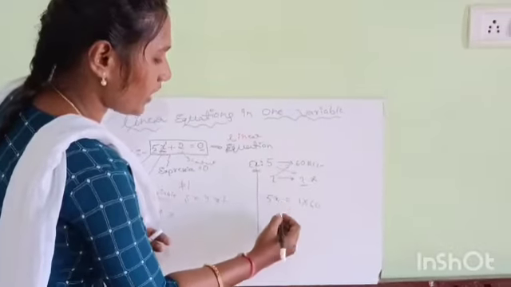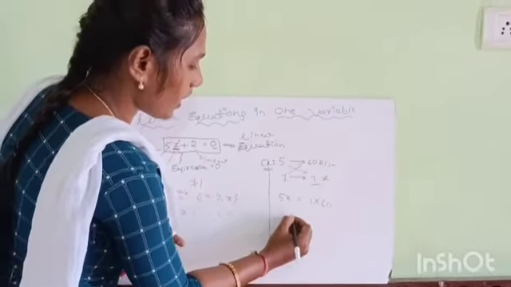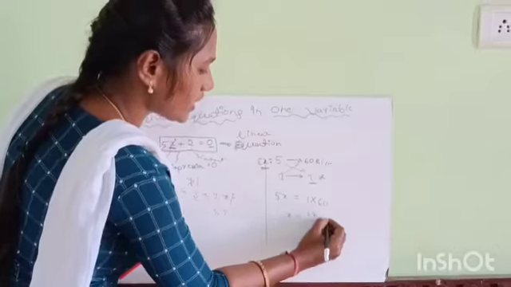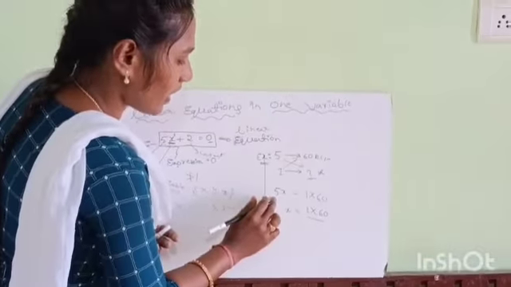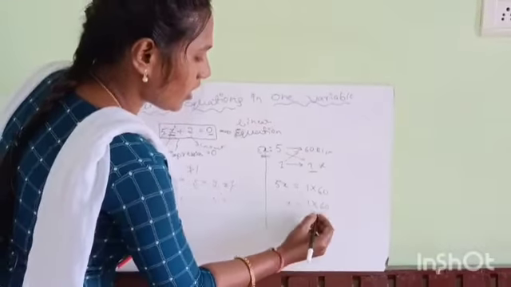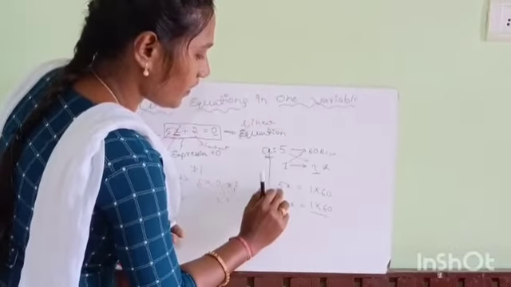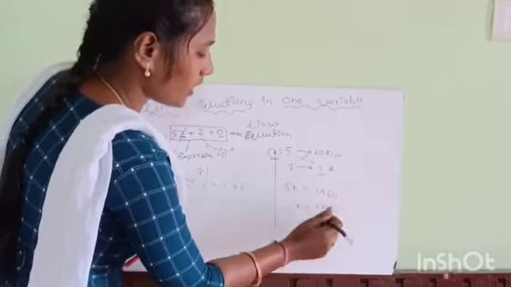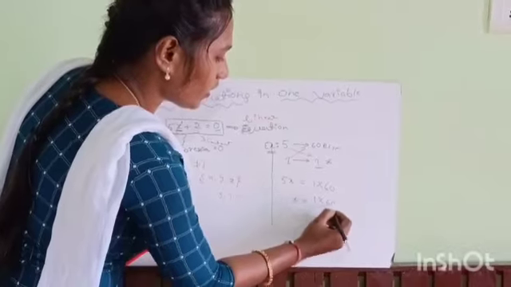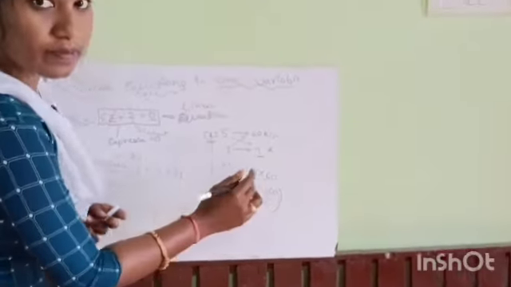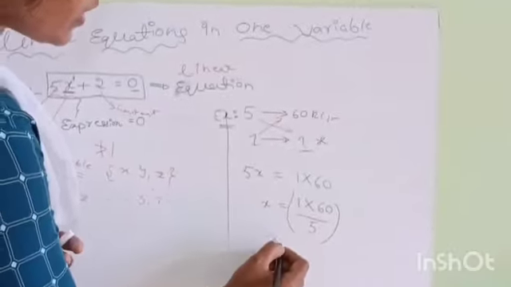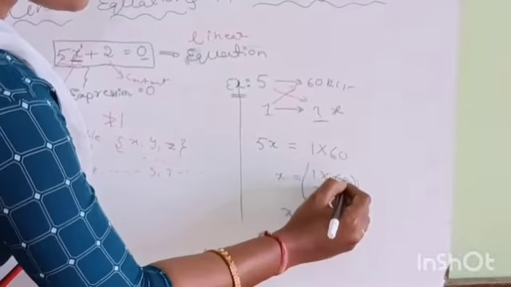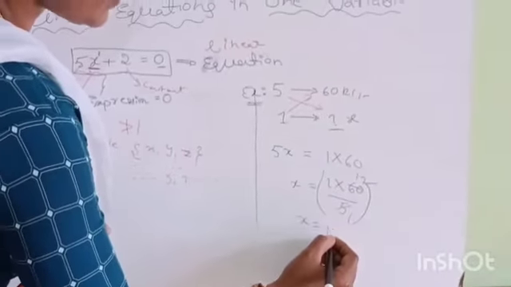Then next we can find x. x is equal to 1 into 60 by 5, because 5 is multiplied with x, so here we write it as dividing. So 1 into 60 by 5, x is 12.